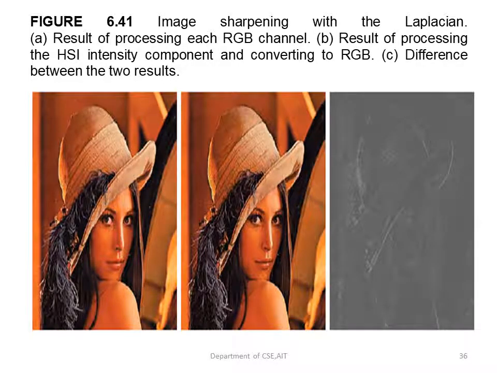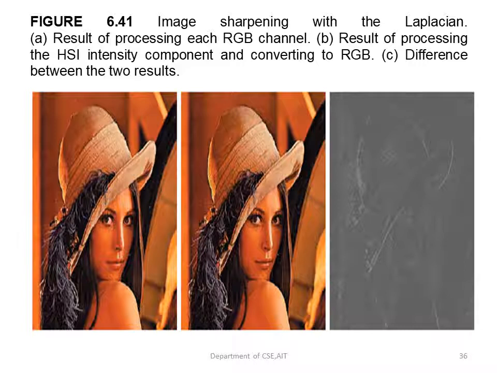This figure A is obtained by using the previous equation 3.67 and the mask in figure 3.37c to compute the Laplacians of the RGB color components in figure 6.38. These results were combined to produce a sharpened full color result.